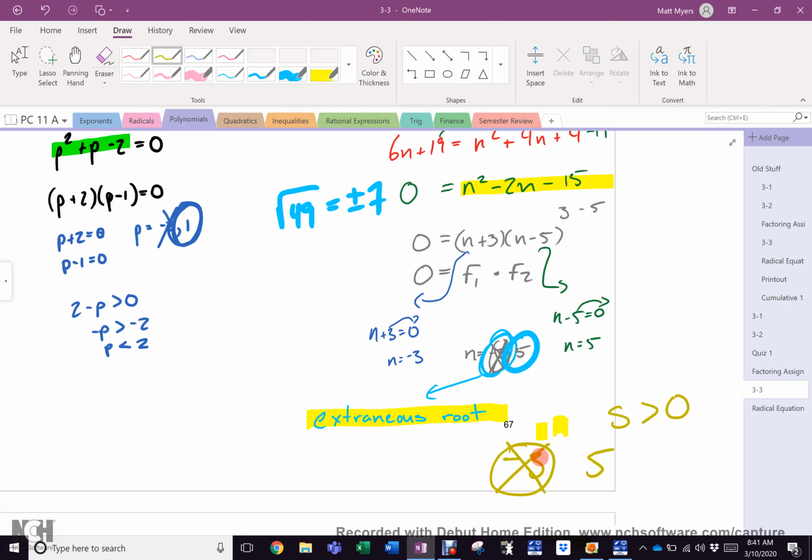Everybody understand? Yeah? And the restrictions are usually because anything under the radical sign, your radicand, must be greater than 0. You can't have a negative radicand, right?